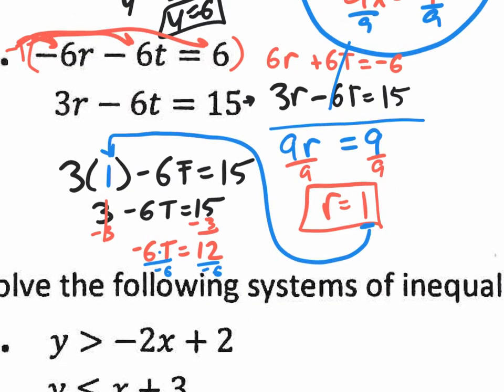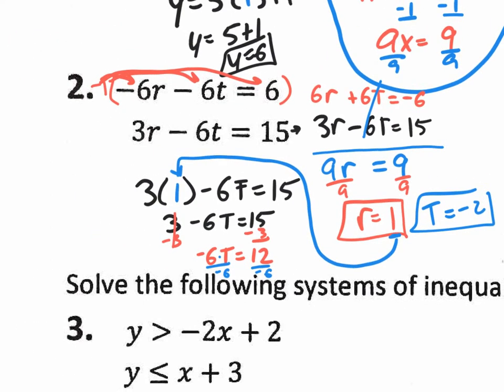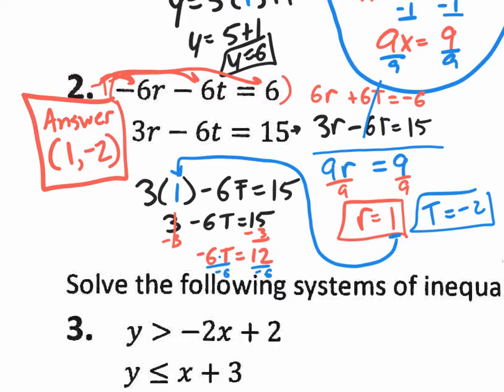In this case, my t value is negative 2. So now I know my answer to the second one. My answer is the coordinate, alphabetical, r comes first, 1, comma, negative 2. That's my answer for number 2.